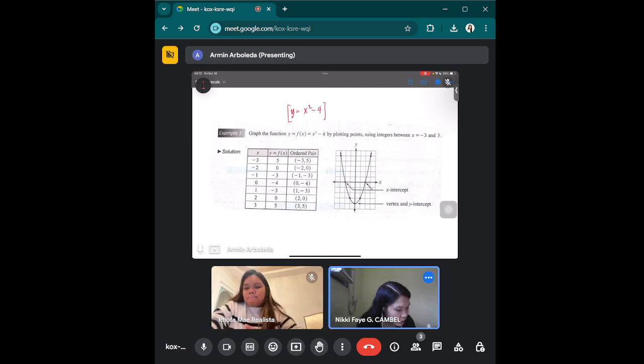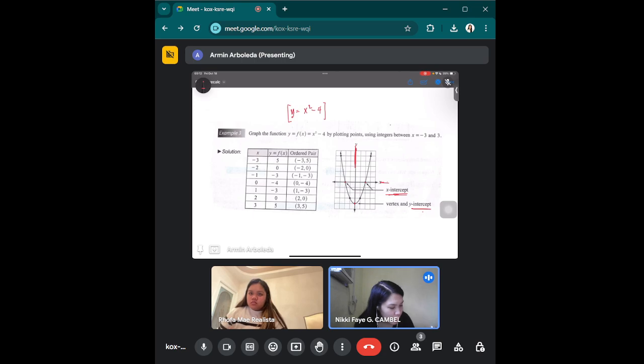Okay. So we also have the x-intercepts and the y-intercepts. What do you know about the intercepts? It's where they meet. Where they meet with what? The x-intercept is where it is intercepting with the x-axis, while the y-intercept is where it is intercepting with the y-axis.